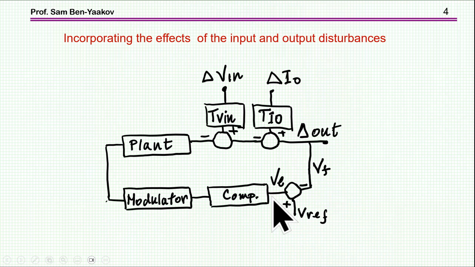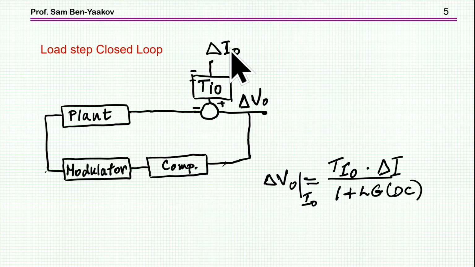Now we can model the disturbances as extra inputs to the output, which are going through some transfer function, okay? So when we have a disturbance here, it eventually enters the output, but it is also affected by the feedback. Same thing for here. So now, how is this disturbance actually affecting the output?